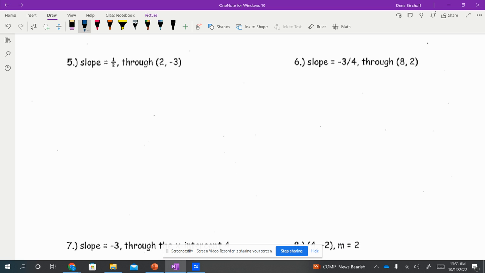So example number 5 is just like example number 4. I know what my slope is. So that's the equation y equals 1/2 x plus b. I am trying to solve for b. Naya, tell me what I need to do to get the value of b. What do I have to plug in?